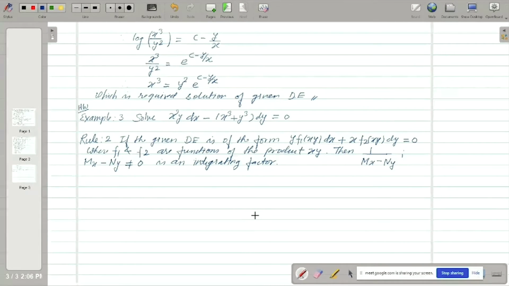So now let us do the problem based on this. Example number 1.